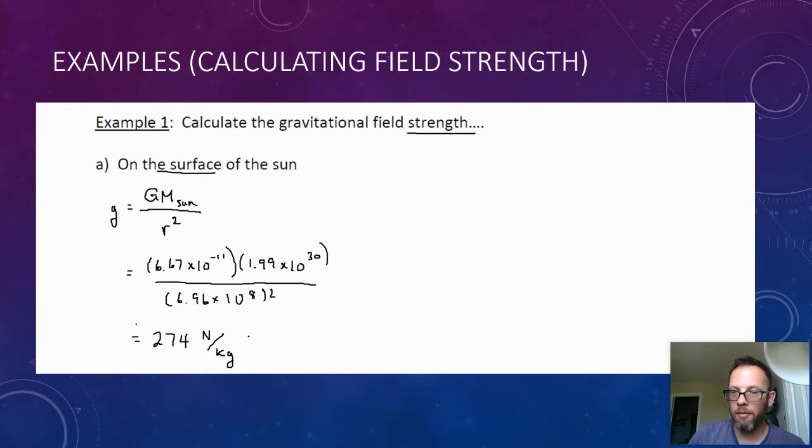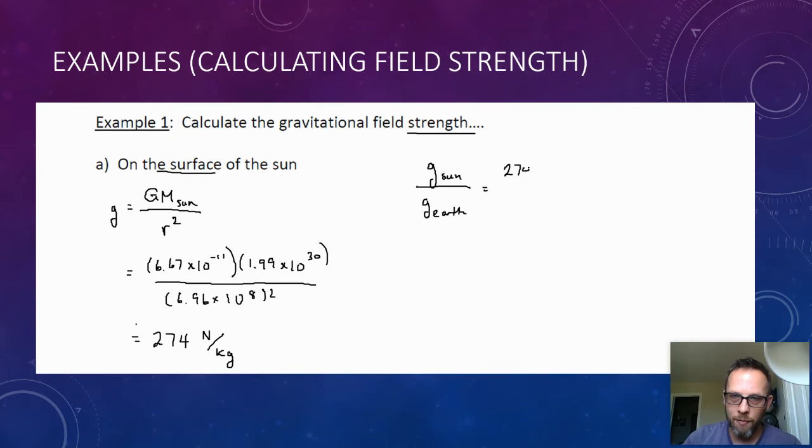This also means for every kilogram of mass you have, you'd experience 274 newtons of force. You'd absolutely be crushed. Just to compare, let's take the gravitational field strength for the sun and divide it by the gravitational field strength for the Earth.